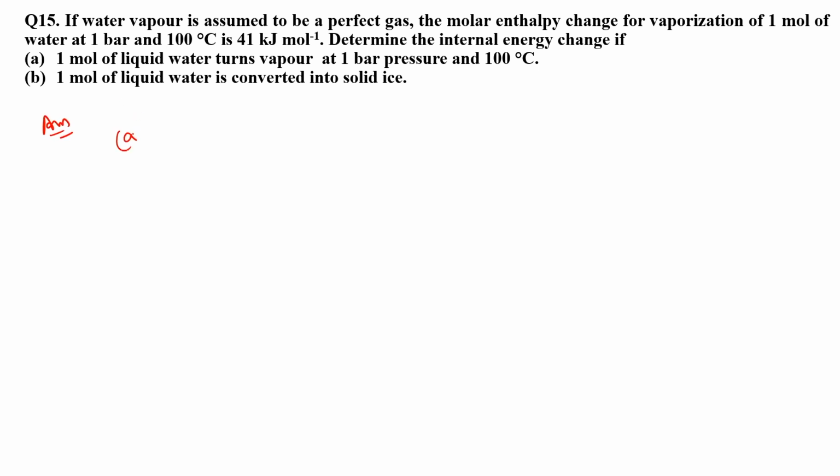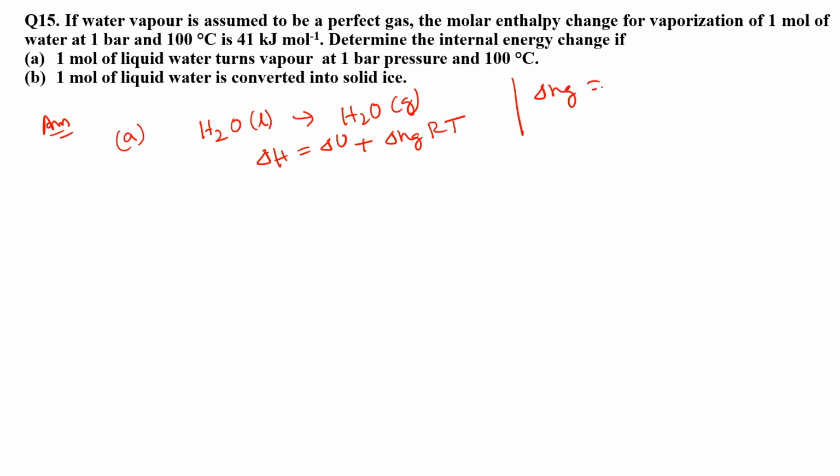Okay, so for part A, H2O liquid goes to H2O gas, right? So delta H is delta U plus delta Ng RT, that we already know. So what is delta Ng here? Delta Ng is 1 minus 0, so we get 1.